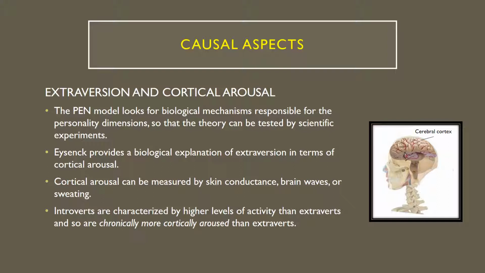Introverts are characterized by higher levels of activity than extroverts, and so are chronically more cortically aroused than extroverts. So introverts are less tolerant of higher levels of stimulation that would occur at parties and other social gatherings.